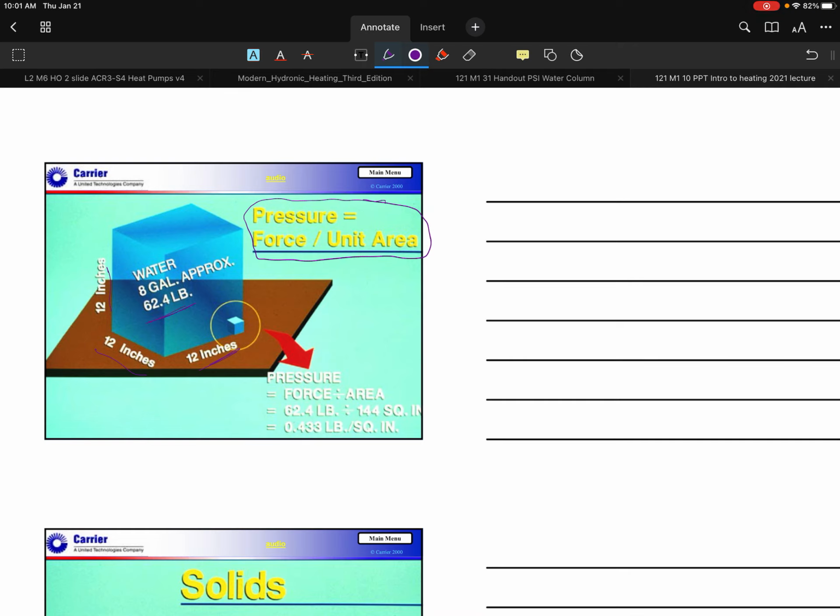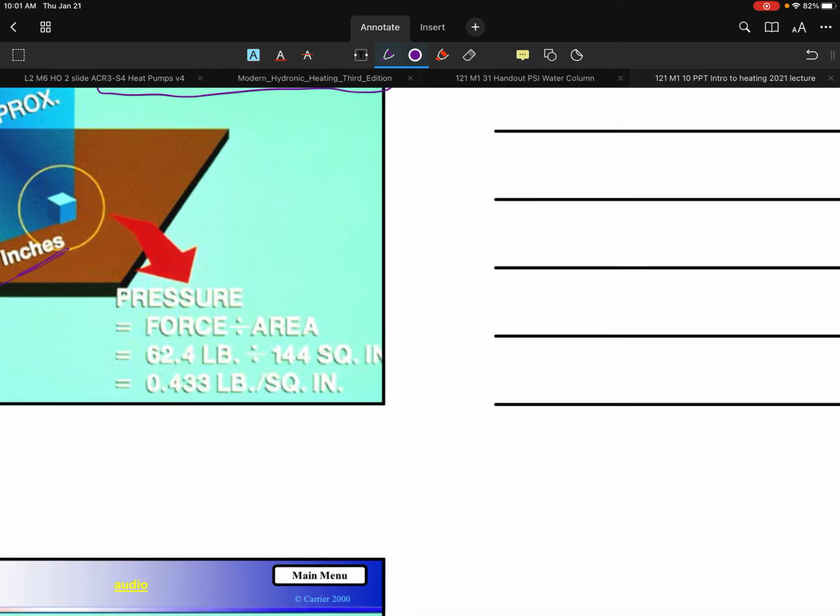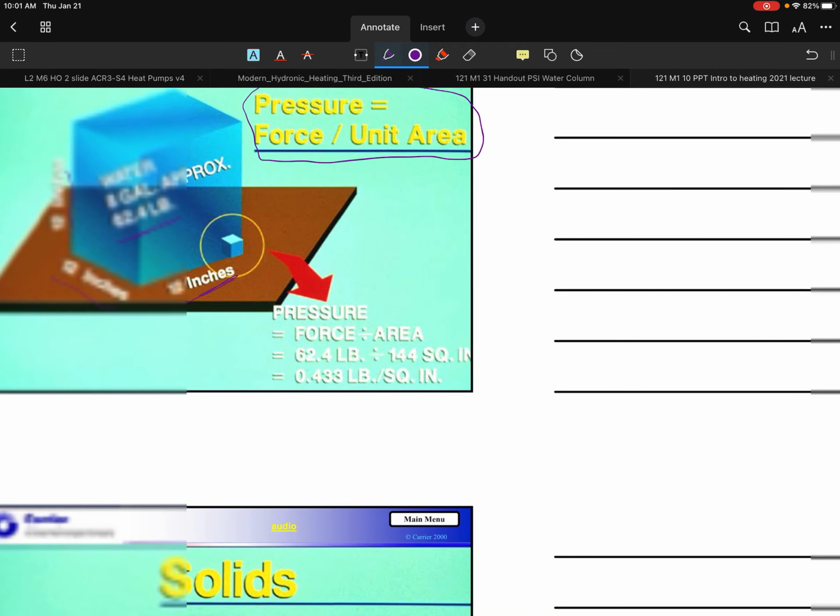You might have heard me refer to that in the last lecture as the density of standard water. Of course, we know that changes, but that's the standard density. Now, if we were to take that standard density and do a calculation, I want to take 62.4 pounds and the area that is sitting on that.